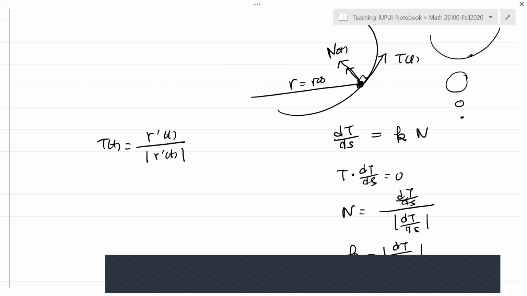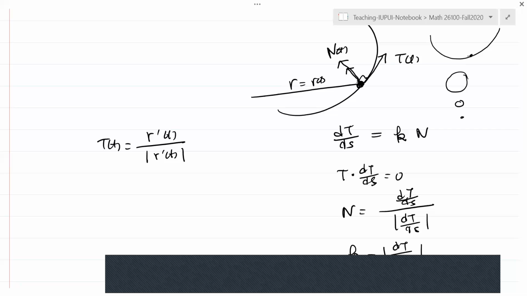You mean the rules for the derivative? No, for the curvature. Yes, the curvature. Well, the curvature formula, you have to memorize it. Okay? 9 through 11 plus the normal formula.